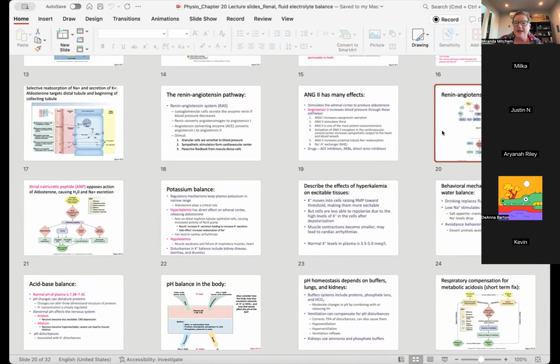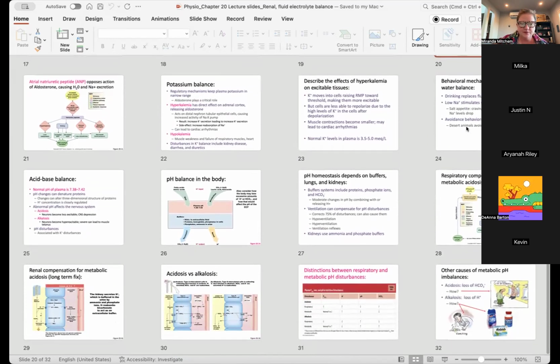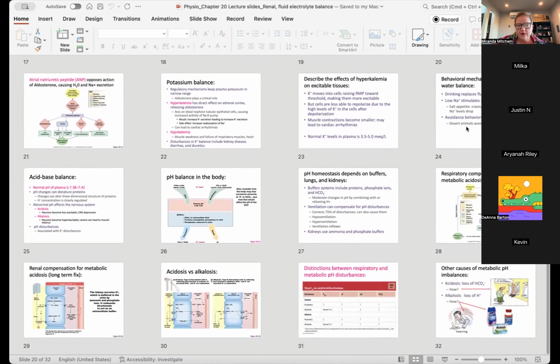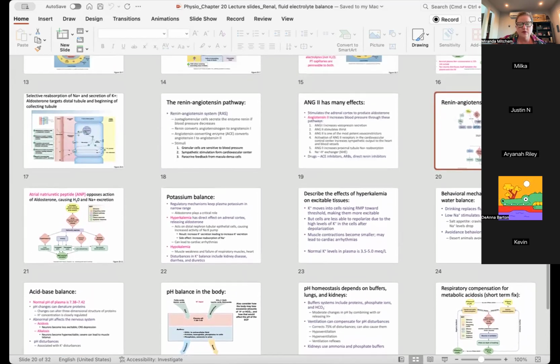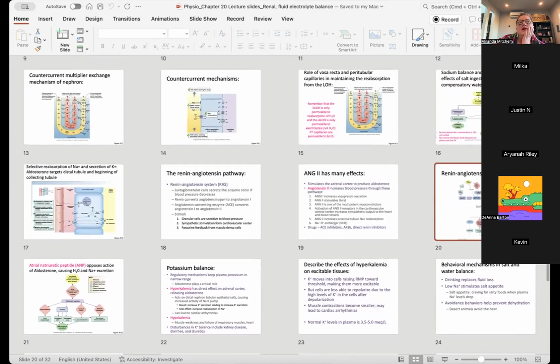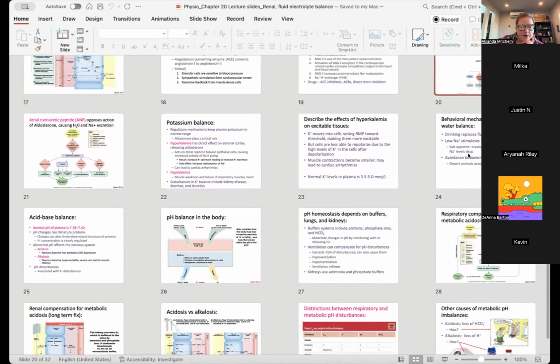But yes, it does have a role for cortisol. I'll show you when we get to that. That is actually in the endocrinology section, so we'll get to it in just a minute.